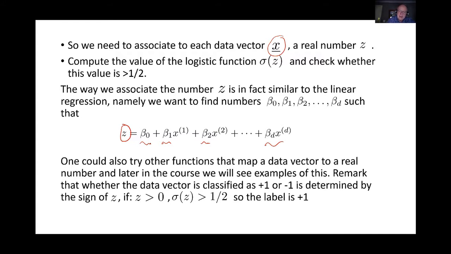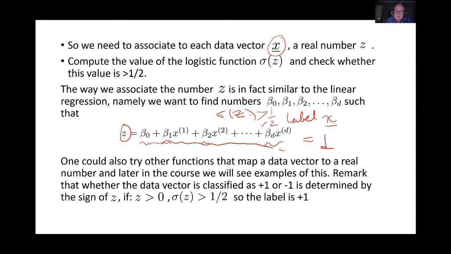So we're trying to find these betas here such that when we take this z given by this expression and apply the logistic function to it, then if the label of this x here is 1, we want sigma of z to be bigger than a half, because that would label it as +1. If the label was -1, then we want this sigma of z to be less than a half.